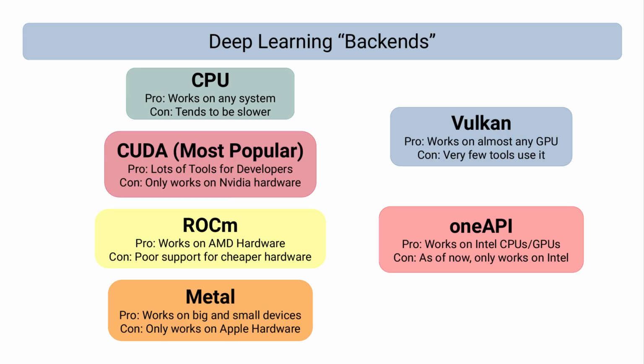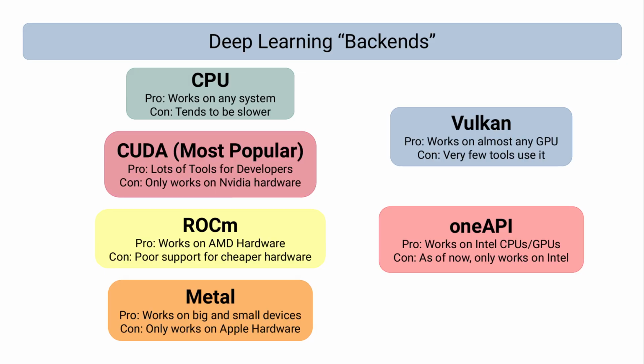And then the last one is oneAPI, which is made by Intel. The nice thing is that it works on both their CPUs. So Intel and AMD make CPUs, and Intel have more recently been making GPUs, and they recommend using oneAPI to work with their GPUs.